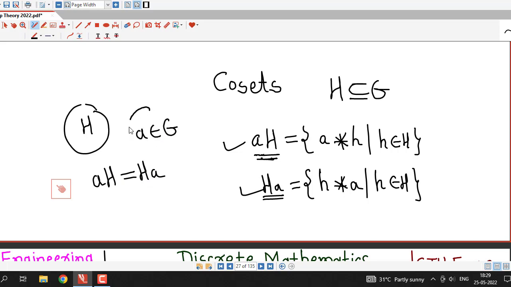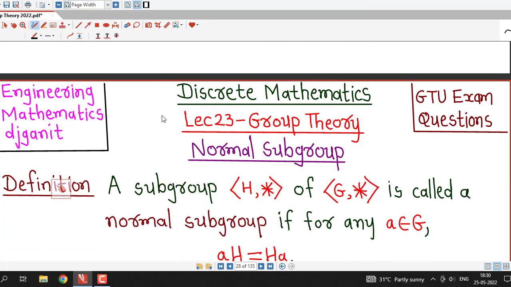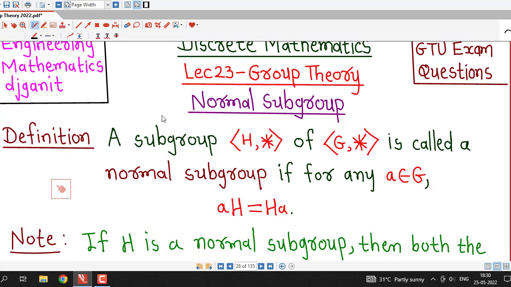If for every element of group G, the left coset of H is equal to the right coset of H, then that subgroup is given the name normal subgroup. So a normal subgroup is that subgroup for which right and left cosets are always equal. So this is the definition of normal subgroup.